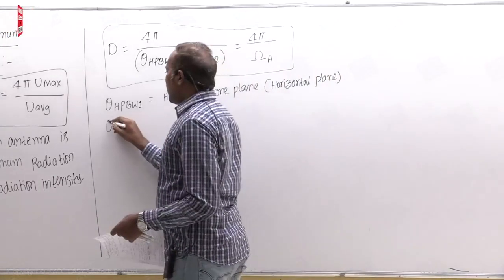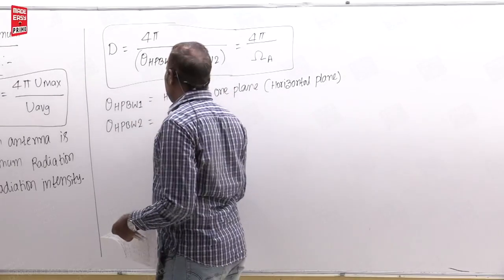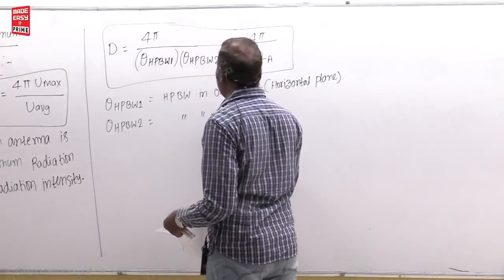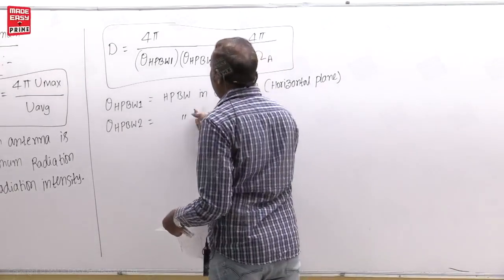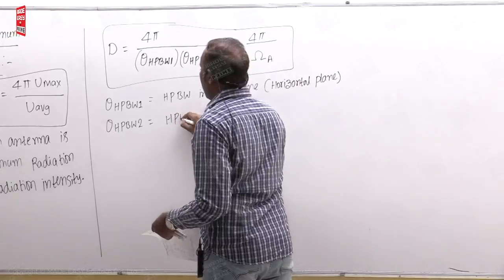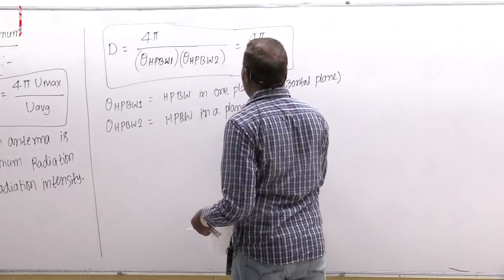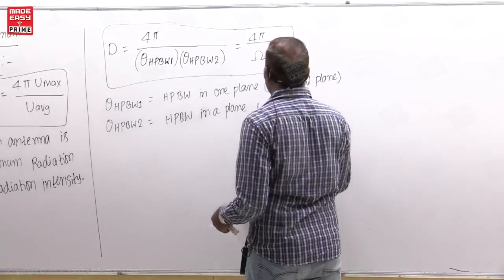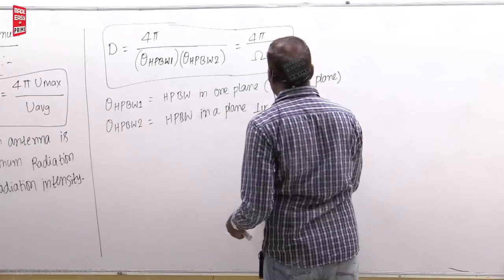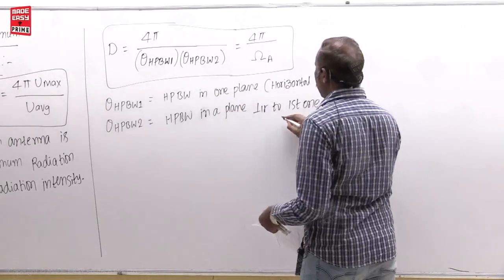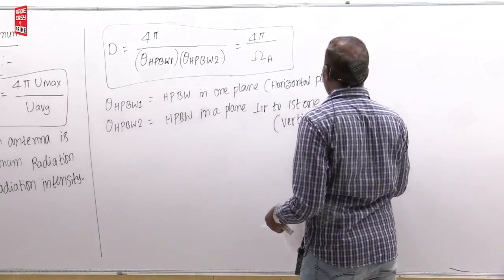So theta half power beam width 2 means that is in the second plane, half power beam width in a plane perpendicular to the first one. That means, for example, if you take this horizontal plane, then this is a vertical plane. Vertical plane, half power beam width.